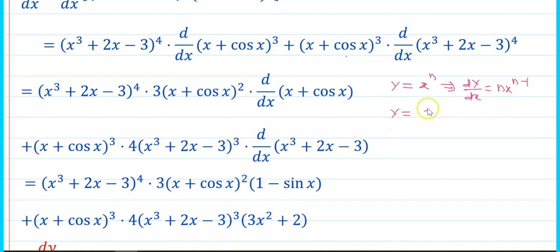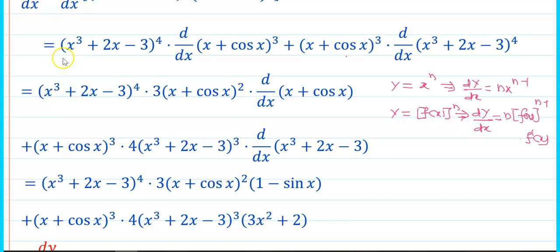Here we have y is equal to f of x bracket raised to n, and hence its derivative dy by dx is equal to n into here f of x bracket raised to n minus 1 into derivative of f of x, which is the f dash of x. तो फॉर्म इथे आपण वापरणार.